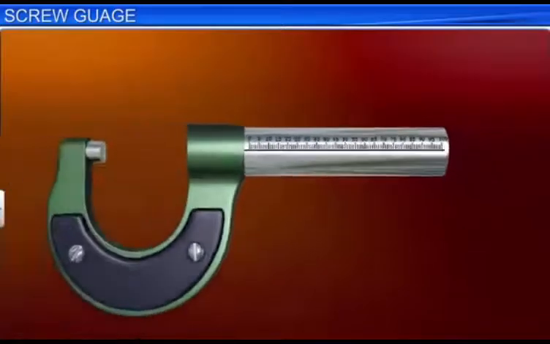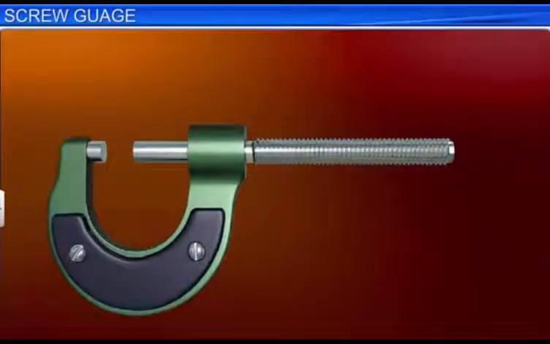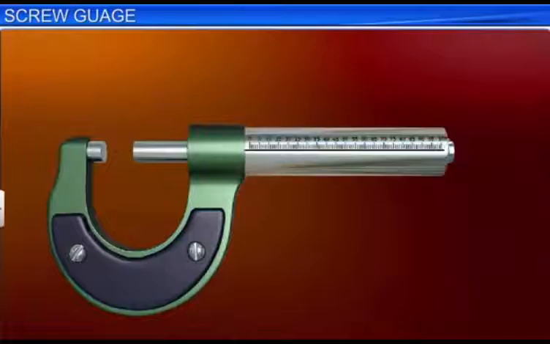There is a screw with a flat tip and threads on its outer side, identical to the threads cut inside the sleeve cylinder. This is called the spindle. The spindle moves inside the sleeve cylinder. The flat tip of the spindle is nothing but a shaft which forms the movable jaw of the screw gauge.